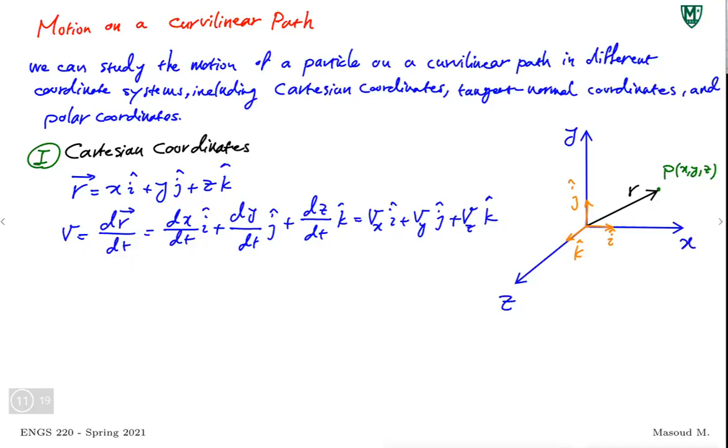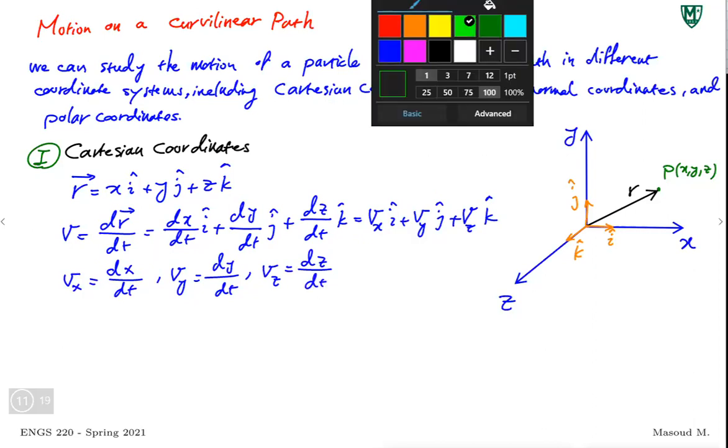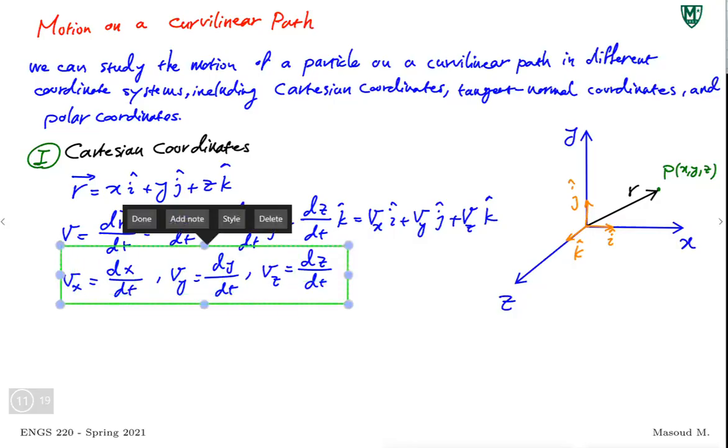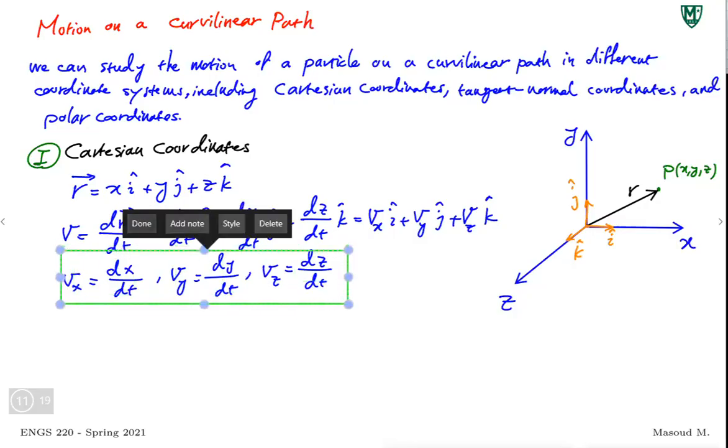I'm going to put it here. So Vx is nothing but dx/dt, Vy is dy/dt, and Vz is dz/dt. Consider that as a relationship that you'll use. This is just V. Components of V. This is also a vector.